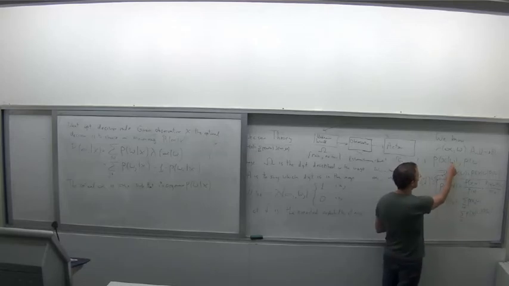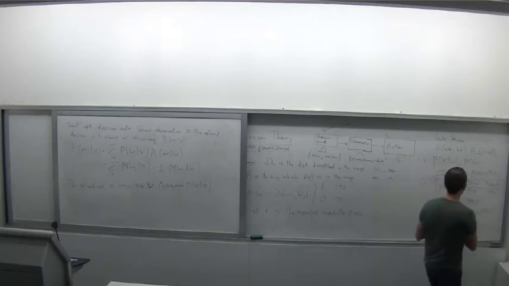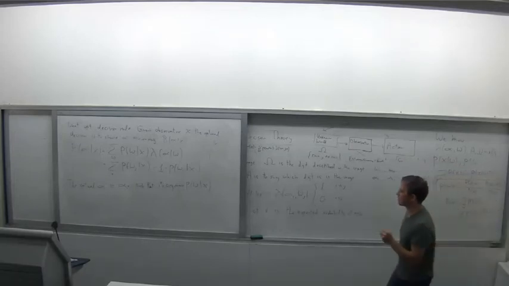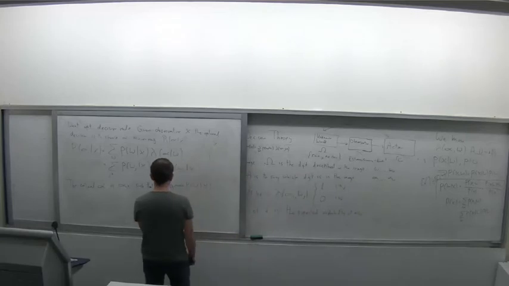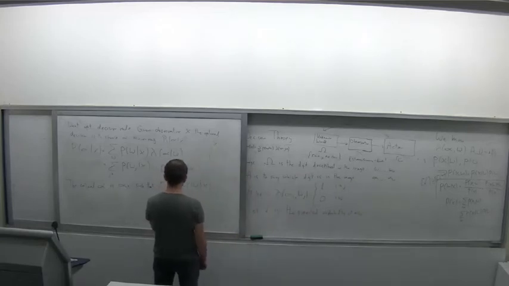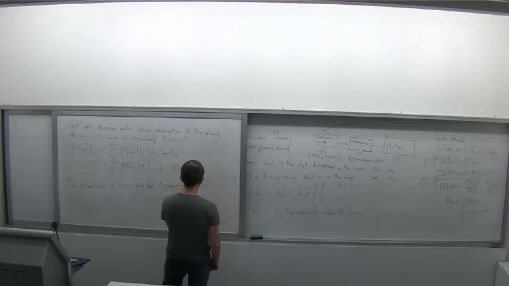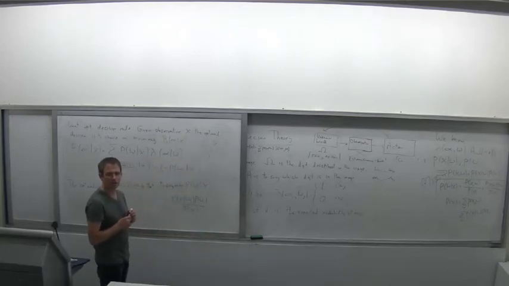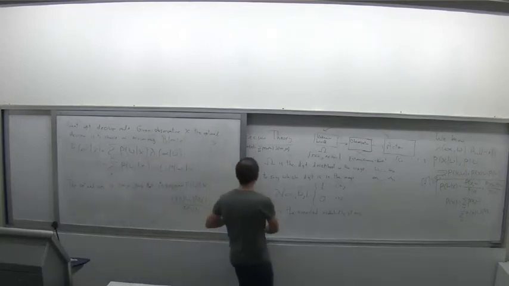So this links what I meant to draw to what I'm actually drawing. Now P of omega given x, I write it because it's instructive, is by Bayes' rule P of x given omega i times P of omega i over P of x, right? I actually meant to do this, so let me do it now.